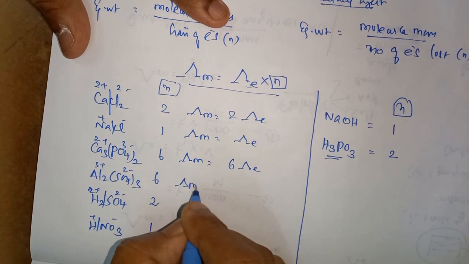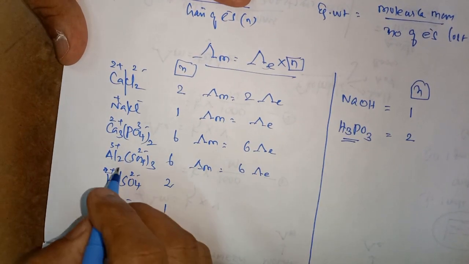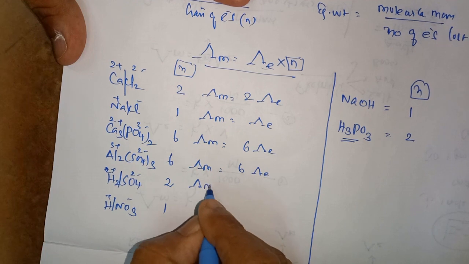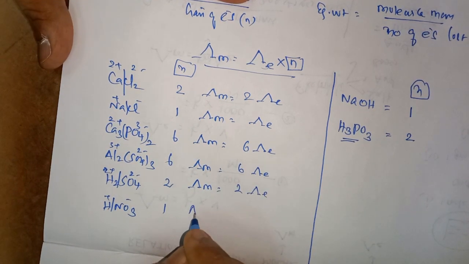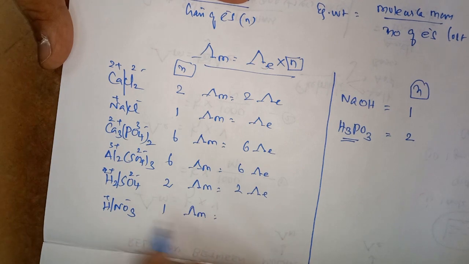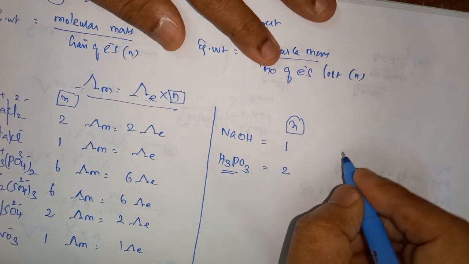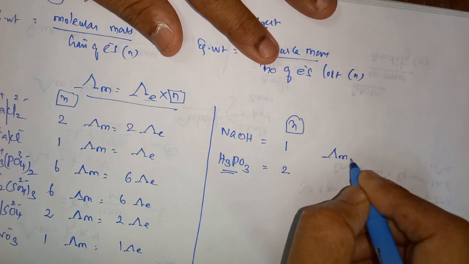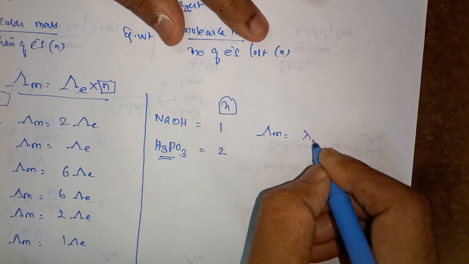Here molar conductance is equal to 2 times equivalent conductance. Here molar conductance is equal to how many times? 1 times equivalent conductance.